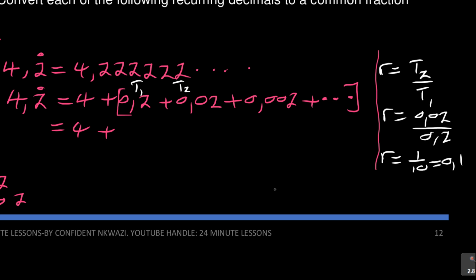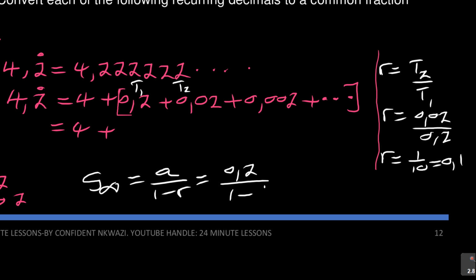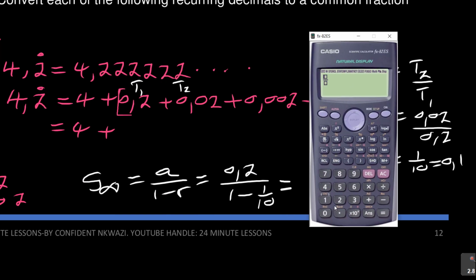Then you find the sum to infinity, which is S to infinity equals A over 1 minus R, which is 0.2 over 1 minus 1 over 10. It becomes 0.2 over 1 minus 1 over 10, and then you've got 2 over 9.